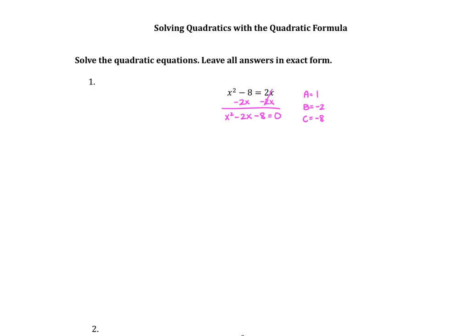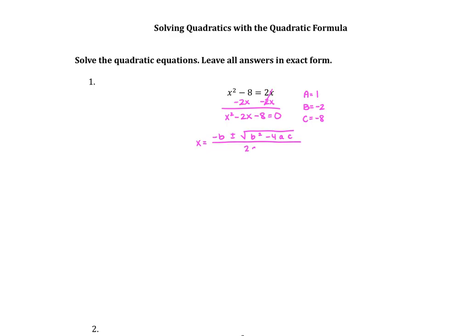All right, next I'm ready to plug this into my quadratic formula. My suggestion is to write out my quadratic formula with my variables, and then I'm going to change my variables to include those values.